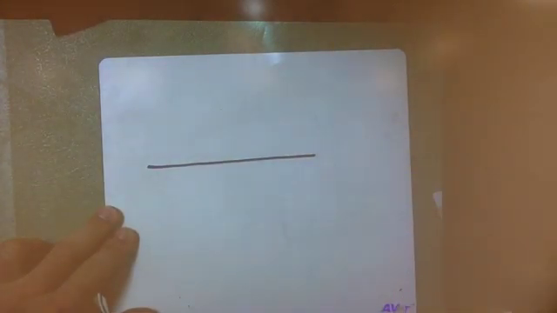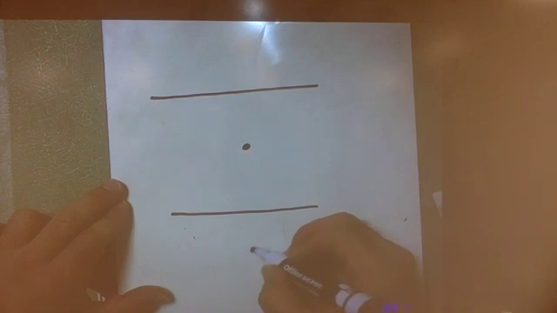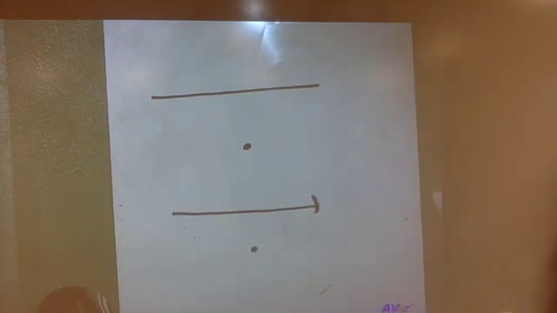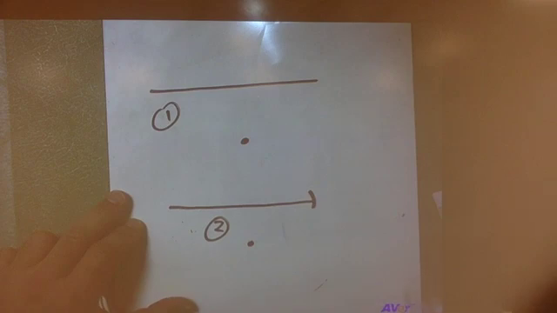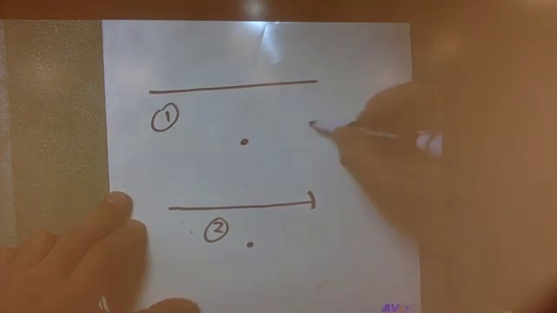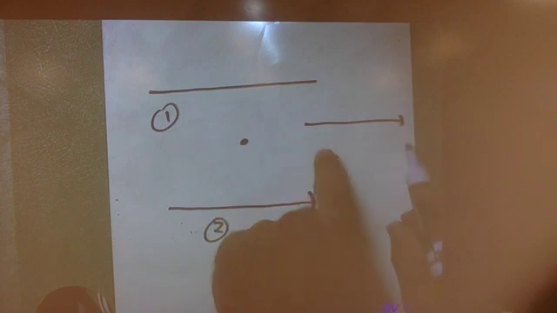Let me just do the first one for you, copying a segment. You're going to have your original segment with some random point not on the segment. So that could be your drawing number 1. Drawing number 2 is the second step, which is to measure your original segment. Drawing number 3 is to start over, draw your original line, your point, and your measured original line, and now you take your compass and mark an arc down here.